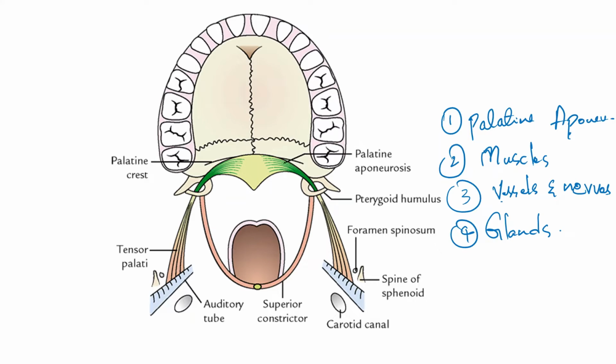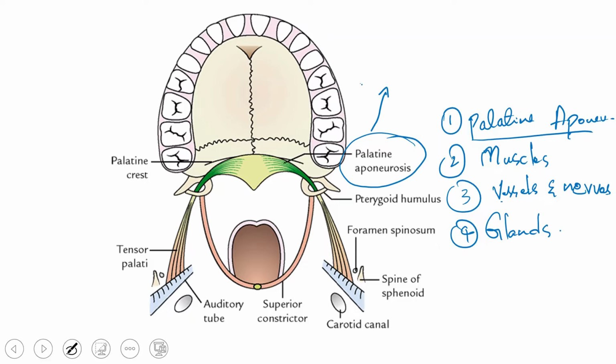To begin with, the palatine aponeurosis. This palatine aponeurosis is the fibrous framework of the soft palate, where all the palatine muscles are attached. This aponeurosis is nothing but the expanded tendon of insertion of the muscle tensor veli palatini.